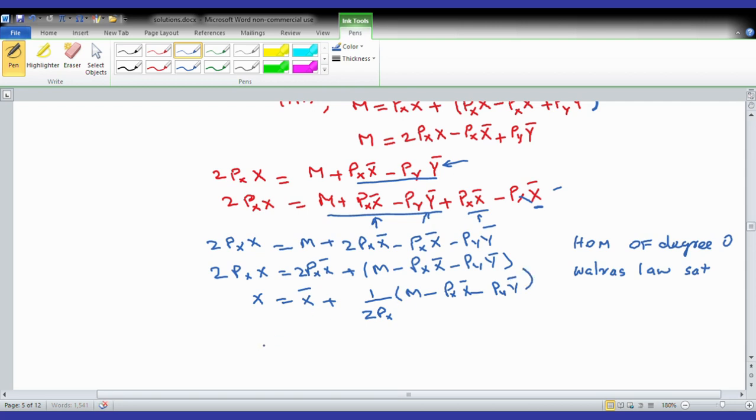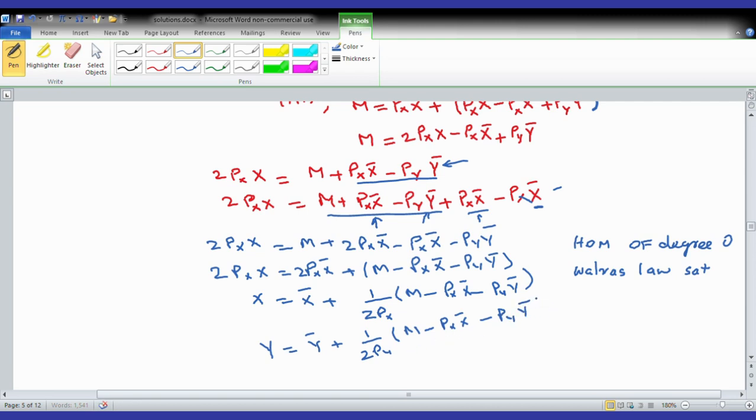And similarly, y will become equal to y bar plus half of py m minus px x bar minus py y bar.